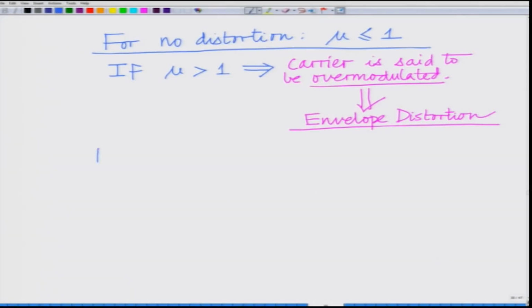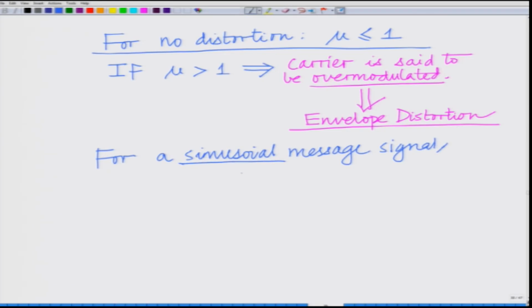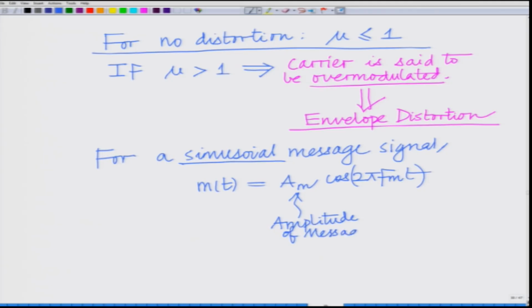Okay. And finally, for a sinusoidal message signal, correct, we have mt equals Am times cosine 2 pi fm t. This Am is the amplitude of your message, and fm is the message frequency, correct.